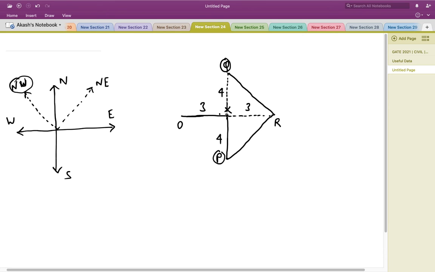Since the distance between point P and X is 4 units and we traveled in the northwest direction, then to make it 8 units, this distance has to be 4. So the distance from Q to X is also 4 units.